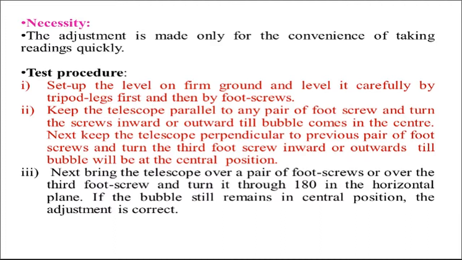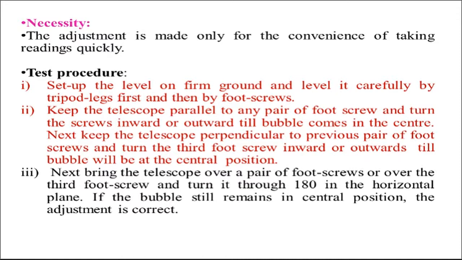Now the procedure for testing this adjustment. First, set up the level on firm ground and level it carefully, first by the tripod legs and then by the foot screws. Keep the telescope parallel to any pair of foot screws and turn the foot screws inward or outward at the same speed until the bubble comes to the center.